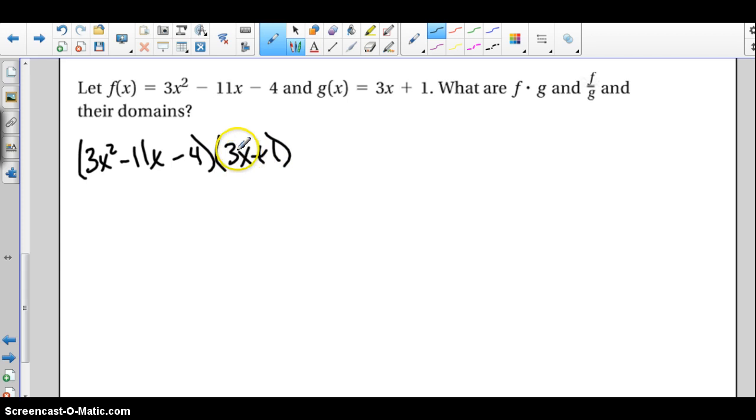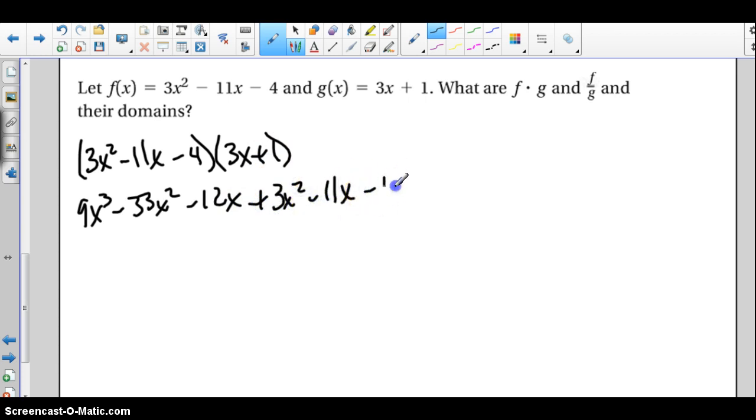And we're going to have to go ahead and distribute using the FOIL method, 3x times all this, and 1 times all this, and combine like terms.